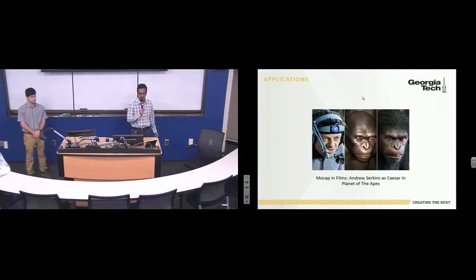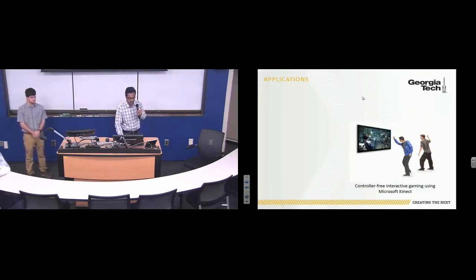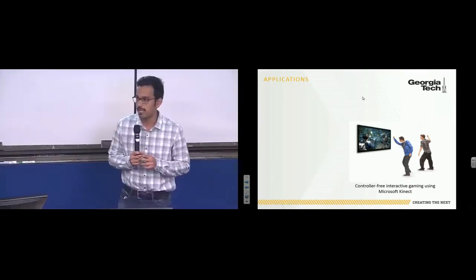It's used in motion capture, performance motion capture in films to give the animated characters a more human-like look, and also it's used when the possibility of using real animals is not feasible. Also in ubiquitous interactive gaming consoles like the Microsoft Kinect.